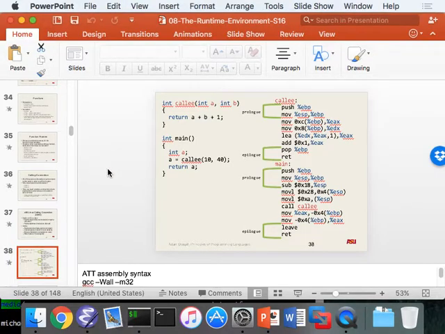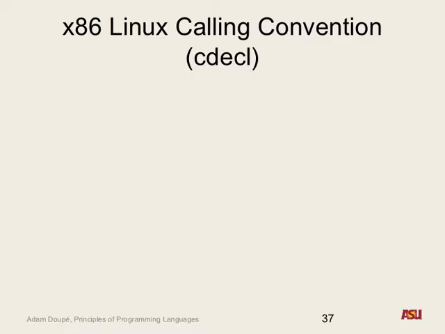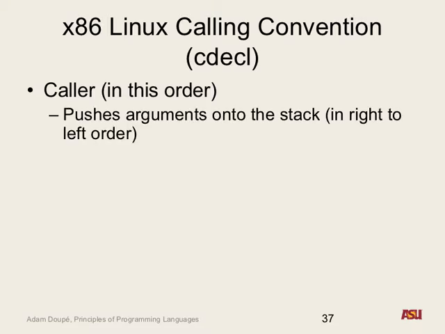Very good. All right, let's get back to calling convention. Just to recap from where we were on Friday, the x86 Linux calling convention, CDECL: when a caller wants to call a function, their job is to first push the arguments onto the stack in right to left order.